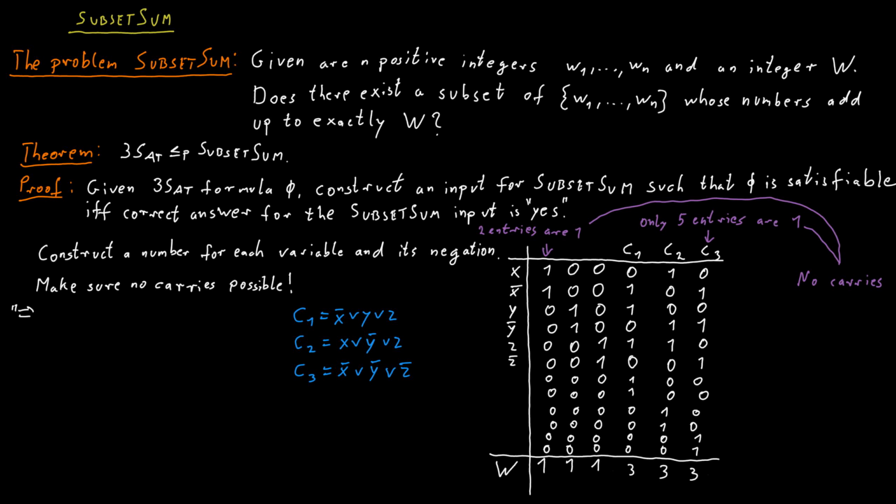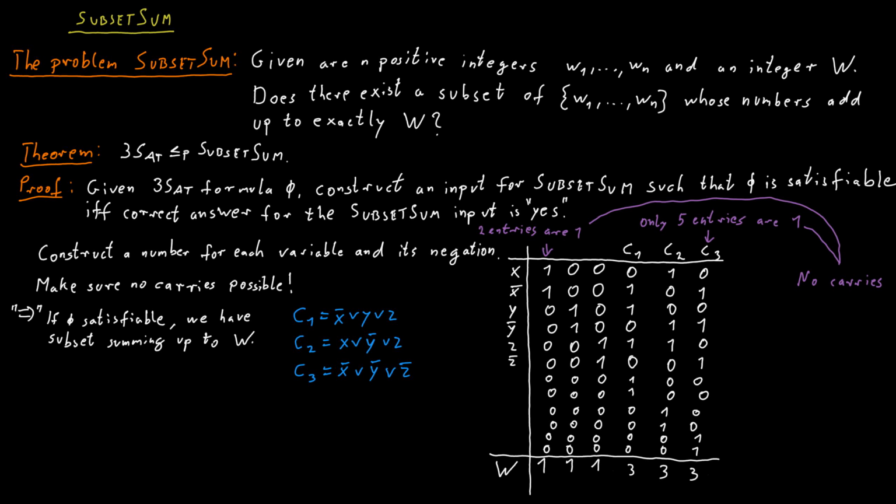If we have a satisfying assignment for our 3-SAT formula, then we can pick the numbers that correspond to the variables or the negation of the variables for our subset. And that would reach the correct target values for the columns that correspond to variables, because we always include either the variable or the negation of the variable.